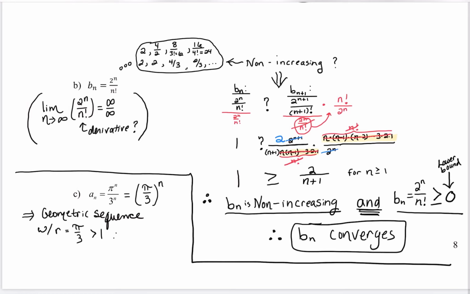In those situations, that means this sequence diverges. If you remember those observations from last time, in order for a geometric sequence to converge, the absolute value of the common ratio has to be less than or equal to 1. So this sequence diverges.